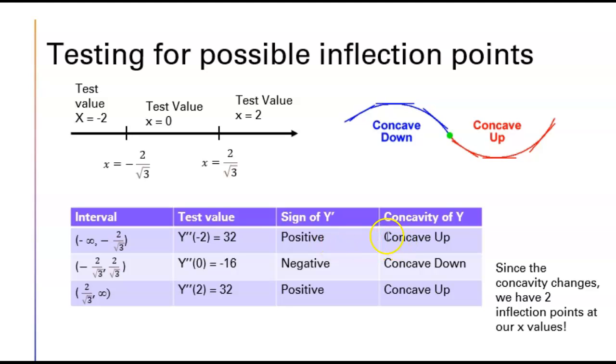Because my concavity changes from one to another, that means I have inflection points. Now that I know that I have inflection points, I like to plug it back into my original equation to see what the y value of these inflection points will be.